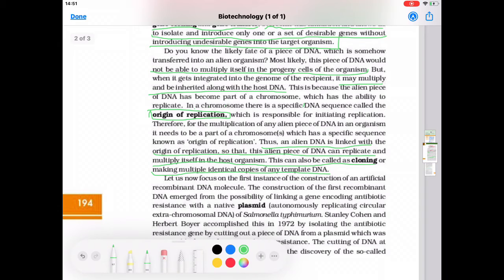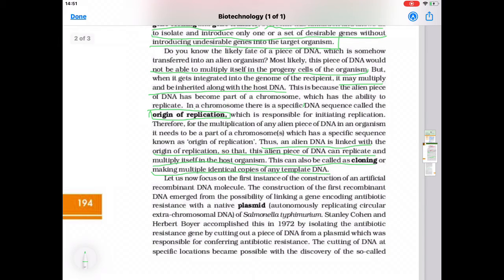The construction of the first recombinant DNA emerged from the possibility of linking a gene encoding antibiotic resistance with a native plasmid. Plasmid, what is plasmid? Plasmid is an autonomously replicating circular extrachromosomal DNA.